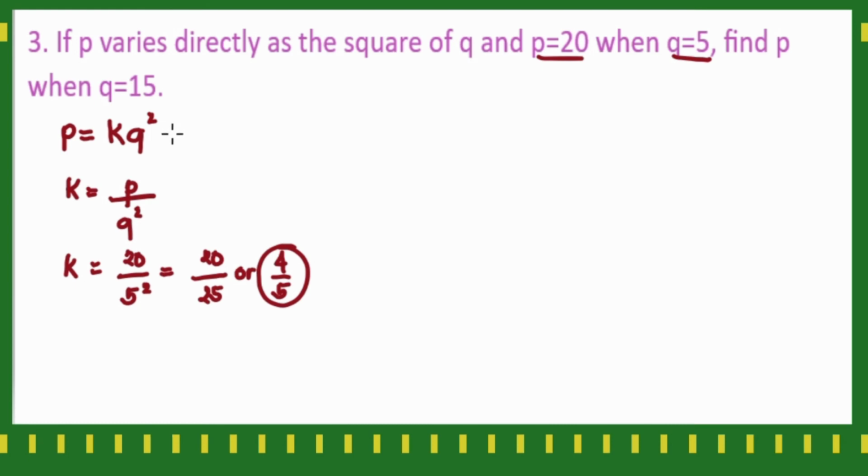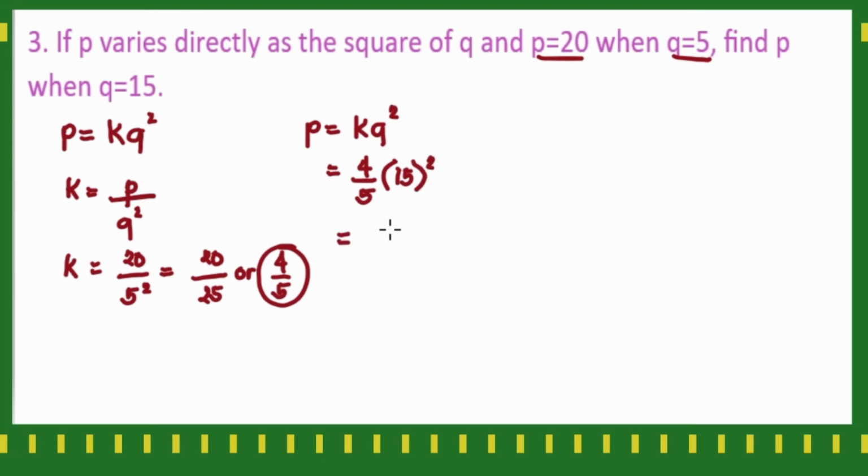So let's solve now. Find P. So we have P is equal to KQ squared. Our K is 4 over 5. It says Q is 15. So Q is 15, so we have to square it.